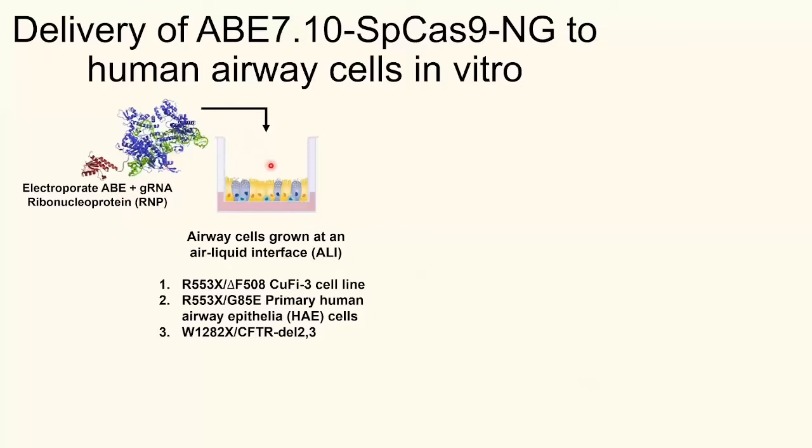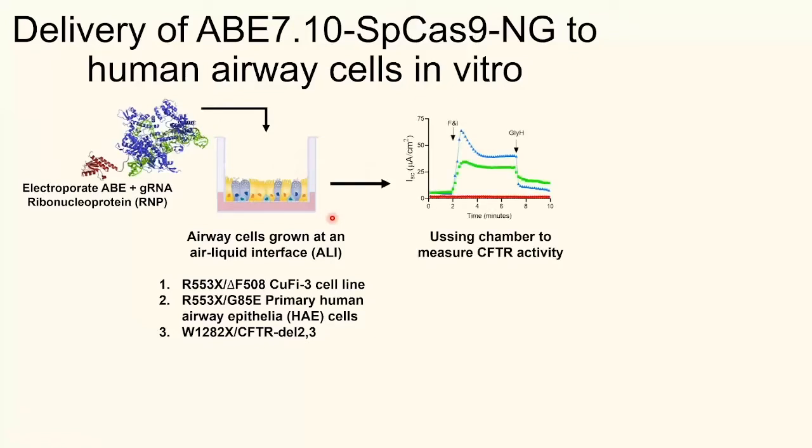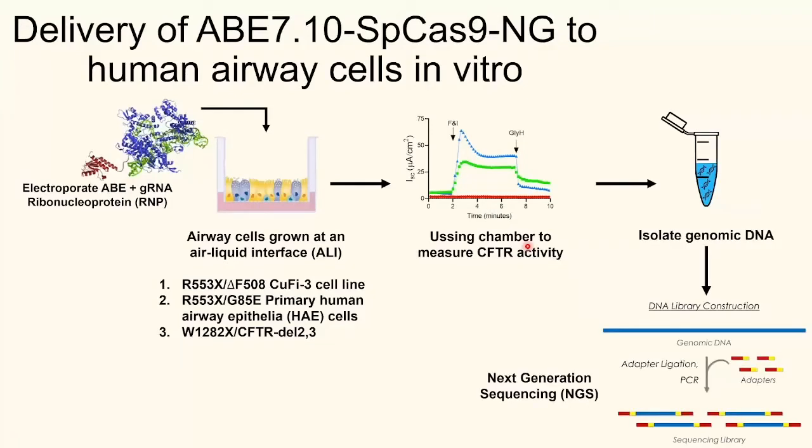After nucleofection, we expanded the cells to confluency and then placed them back on transwells to differentiate at an air-liquid interface. After about 3 weeks, we ran the cultures through Ussing chambers to evaluate electrophysiological restoration of the anion channel, which we used as a proxy for CFTR protein function. Then we isolated the genomic DNA from the cells and performed next-generation sequencing.